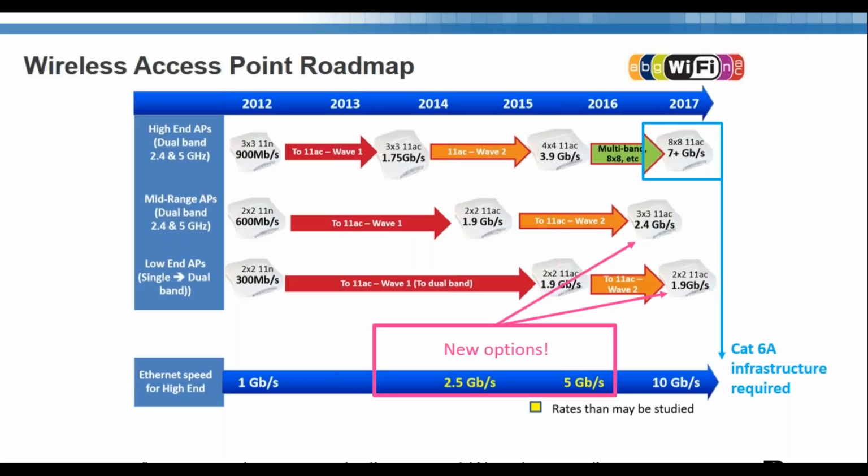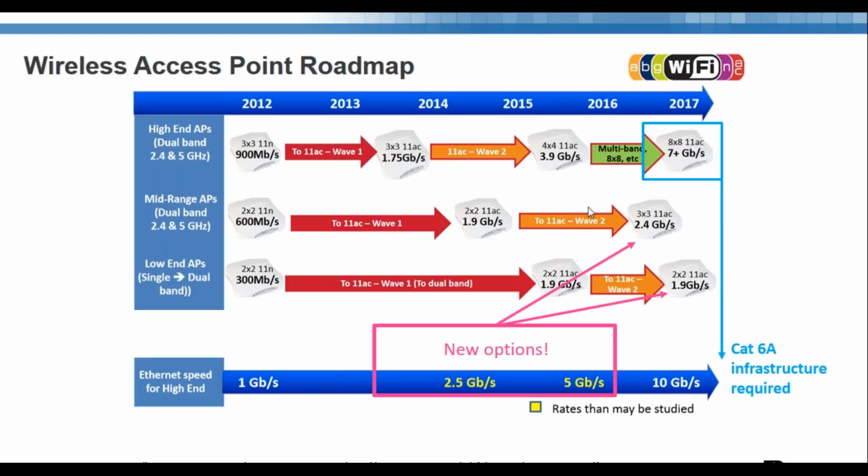At the very bottom of the chart, you'll see the corresponding Ethernet speed for the high-end access points. You'll see down here, down the bottom, 2.5 and 5 gig, I've got highlighted as new options. For schools, for K-12, we're really probably looking at that mid-range and the low-end access points.